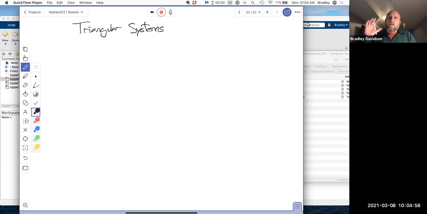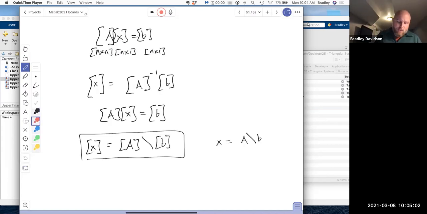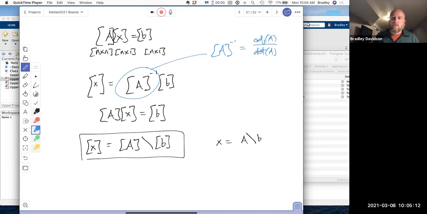I said before that when calculating the matrix inverse, we said the inverse is the adjoint of A divided by the determinant of A. That's actually not the best way to calculate a matrix inverse either.